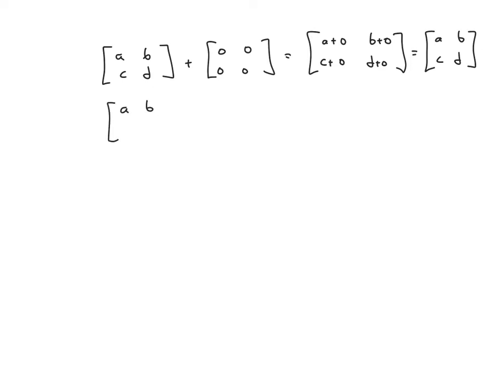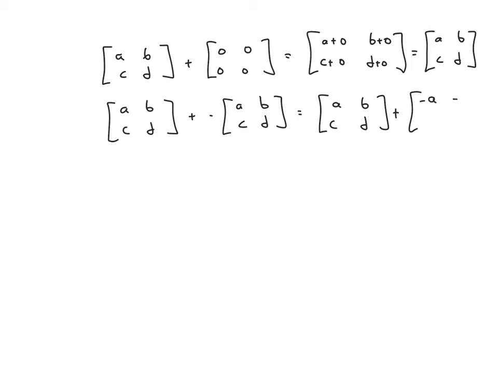Likewise, if I add the negative of a matrix to itself, that's the same as adding these negative entries. Well, then I have a minus a, b minus b, c minus c, and d minus d. It's the all 0 matrix.